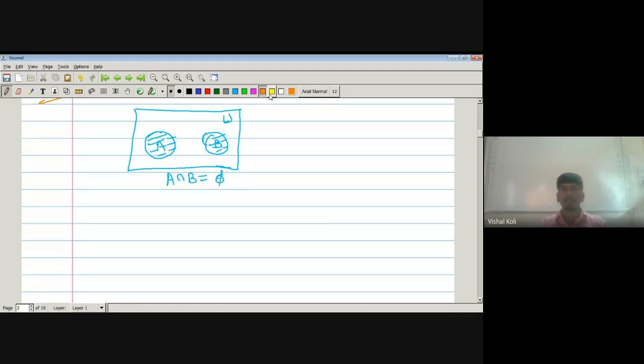And if suppose there are some elements which are common in A and B, then its representation will be: this will be universal set U, and suppose this one is the set A and this one is the set B.